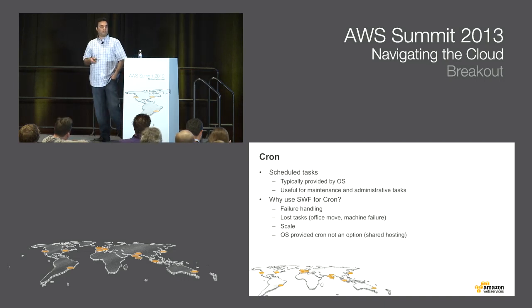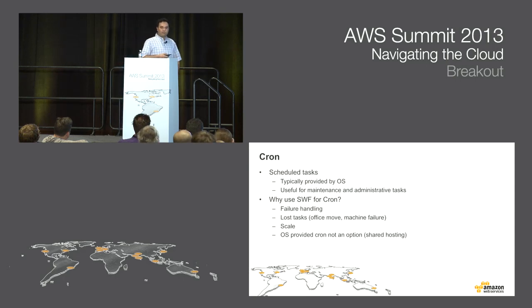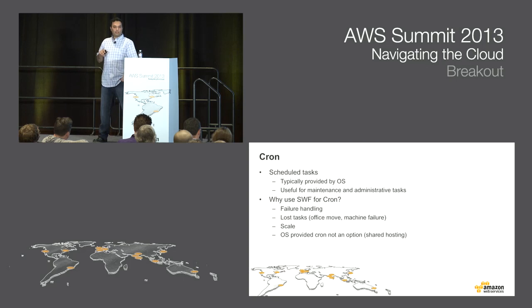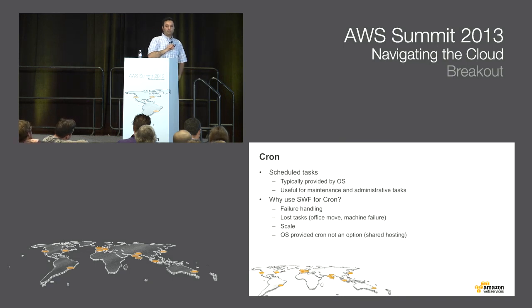Any jobs that you wanted to run on that machine are no longer running. The other problem with operating system provided cron is that when that machine is down, any tasks that were supposed to run during that time while it was down are lost. So if I bring that machine back up, or I replace that machine, it's going to start from that point on. It's not going to go back and backfill any of the tasks that were lost.